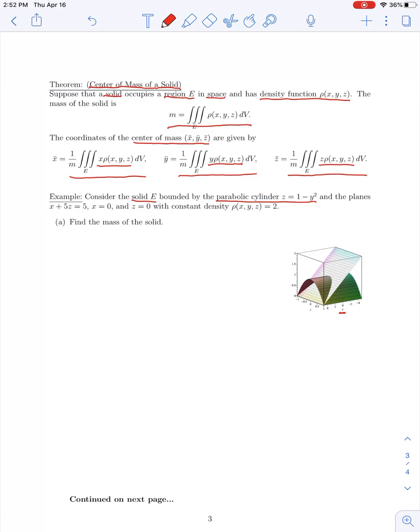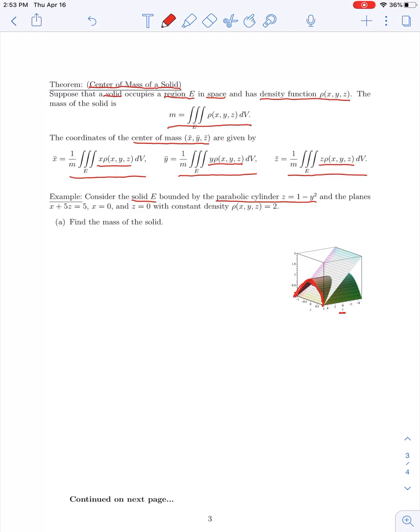And its cross-sections are parabolas. So z is 1 minus y squared. Our cross-sections here with fixed values of x look like downward opening parabolas with vertex at y equals 0, z equals 1, opening downward.